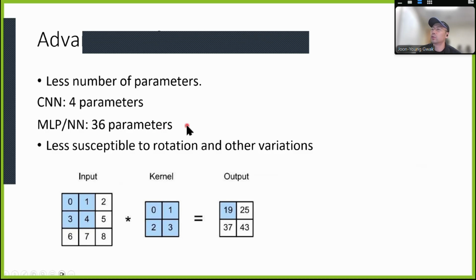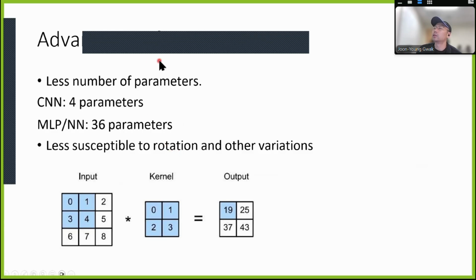And also they are flattened into a one-dimensional vector, so they do not consider spatial structure, which means the model will have a difficult time identifying the same object in the image being rotated or appearing in a different location and so on. The translation invariance.